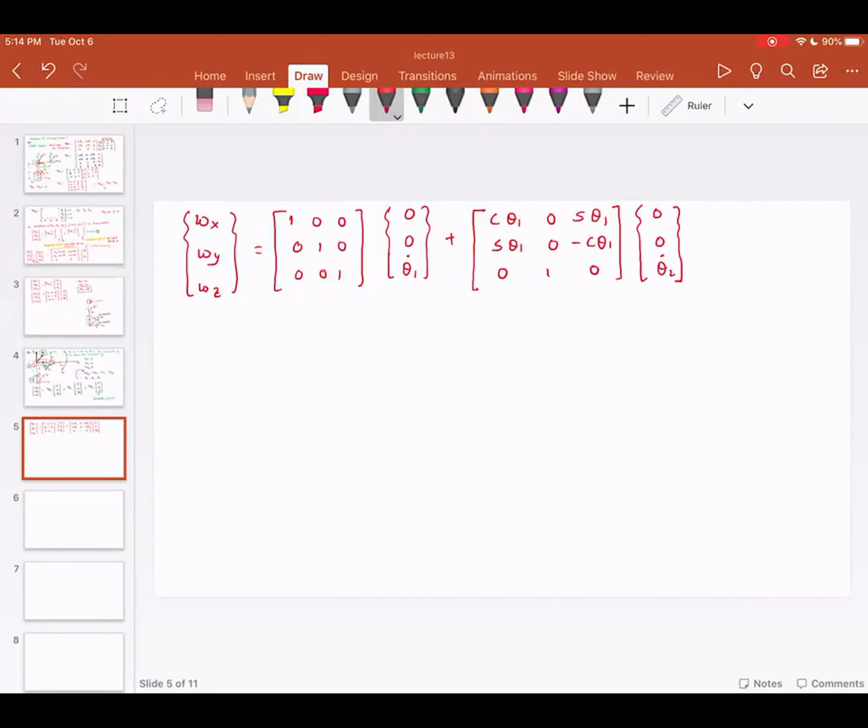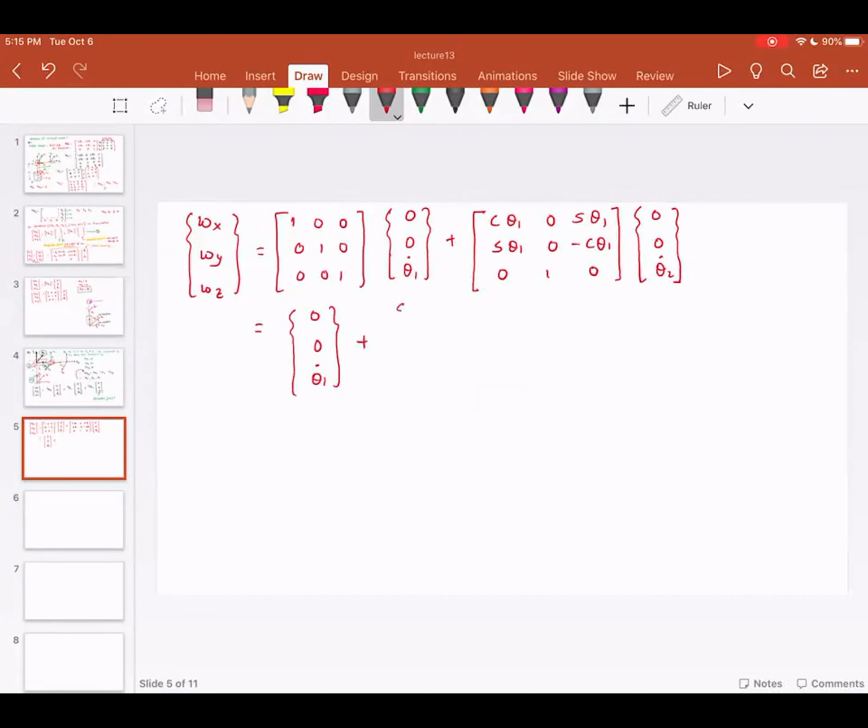So when you multiply, this equation is going to look like 0, 0, theta 1 dot plus, let's perform this multiplication, sine theta 1, theta 2 dot, minus cosine theta 1, theta 2 dot, and the last term is 0. So omega x, omega y, omega z.